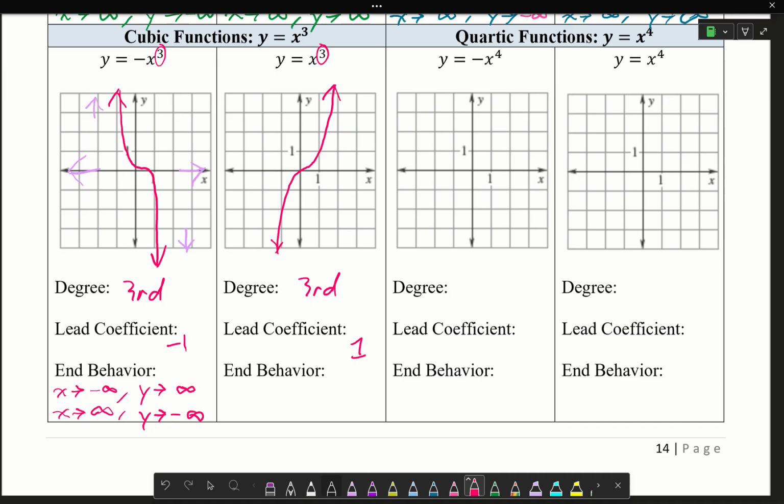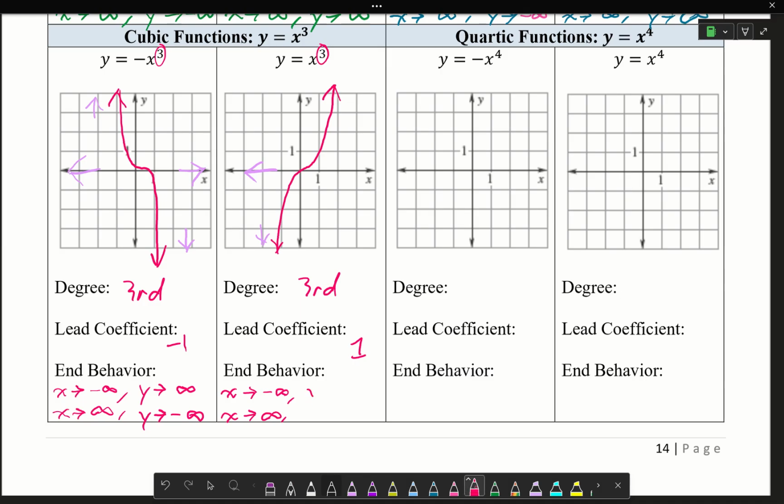A little bit different when the graph is not reflected, but again, let's start with x is approaching negative infinity and x is approaching positive infinity. Okay, this time, as we head to the left towards negative infinity on the x-axis, we can see y is decreasing in this direction.